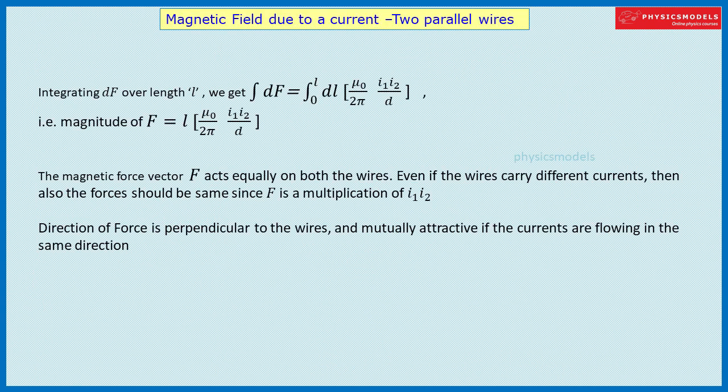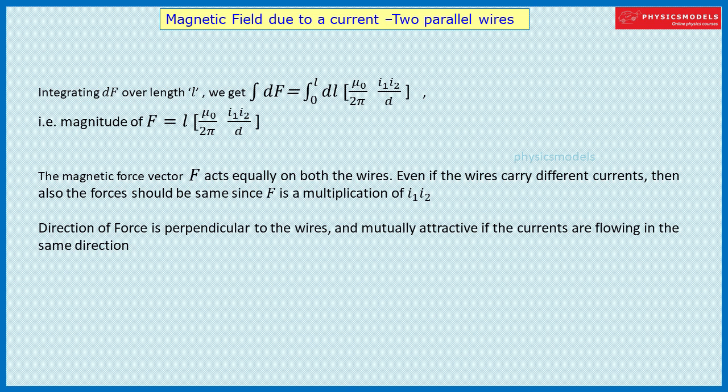To get the force over a given length of wire, we have to integrate the dF. So integration of dF will be basically integration of 0 to L dl, which is the infinitesimal length into many such dl's, into mu0 by 2 pi into I1 I2 by d.